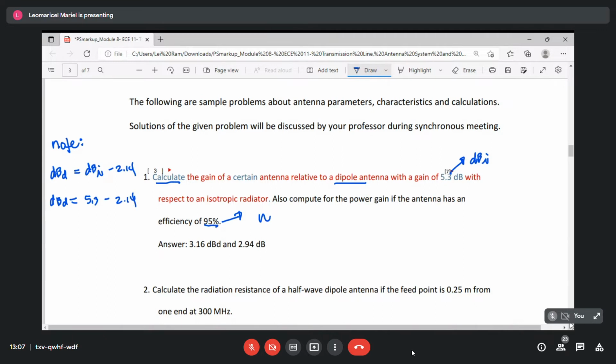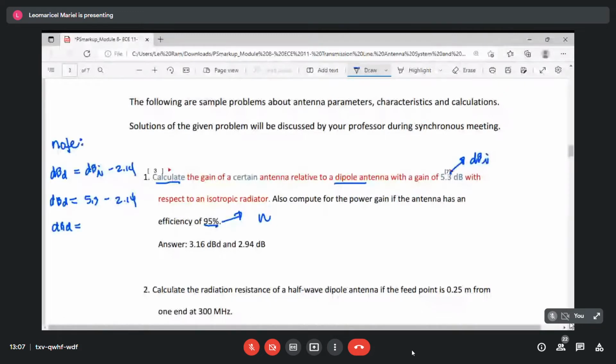So what is your antenna gain with respect to the dipole antenna? What is 5.3 minus 2.14? Yes po, 3.16 po.